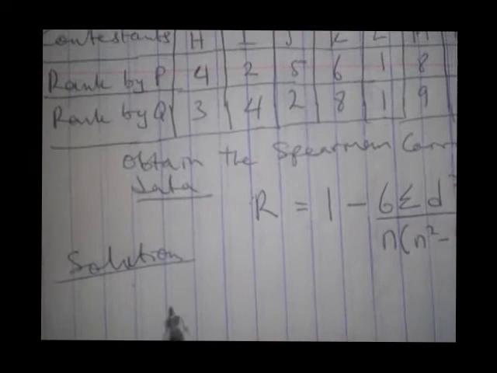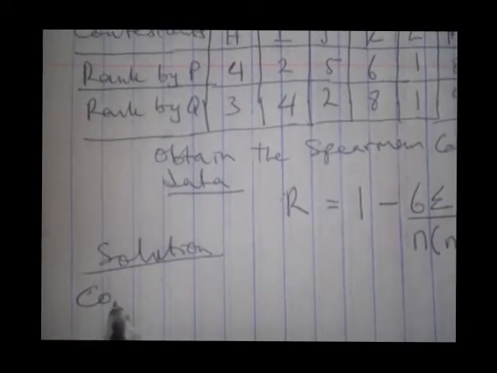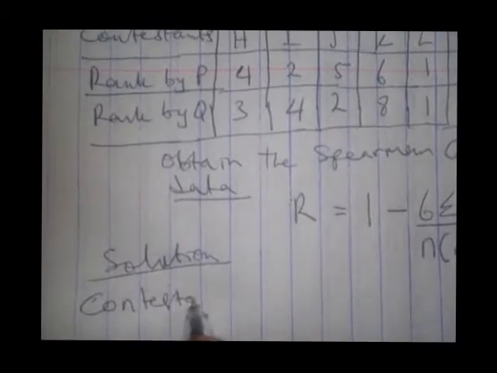This is our solution. I'll draw the table again, but this time around the table will now contain more items, contestants.